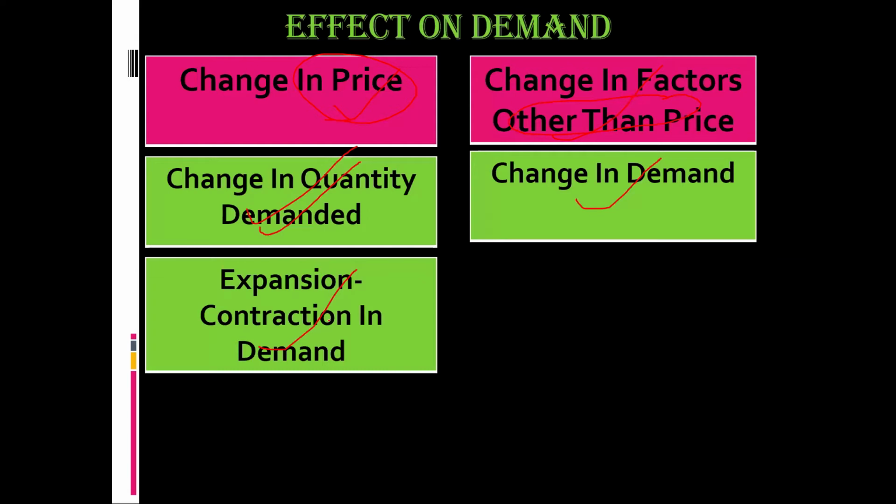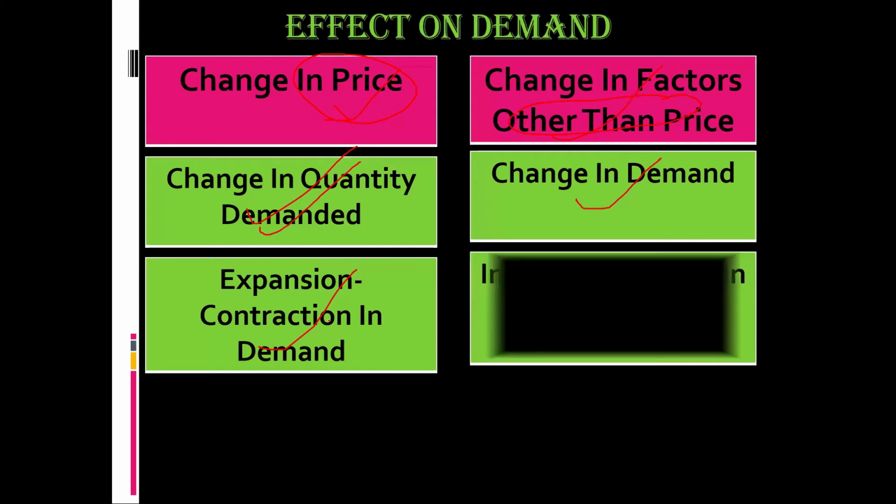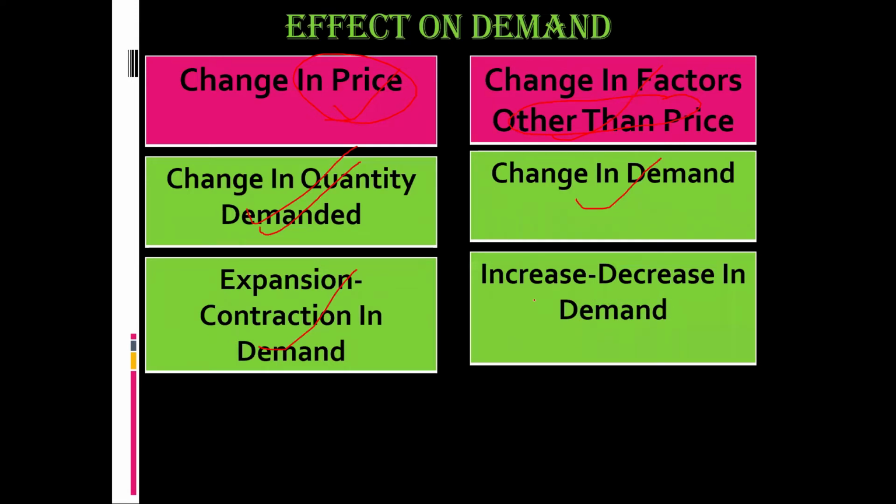But when there is a change because of other factors, the effect on demand curve will be known as increase or a decrease in demand. If it is because of price, it is expansion and contraction in demand. If it is because of factors other than price, it will be known as increase, decrease in demand.